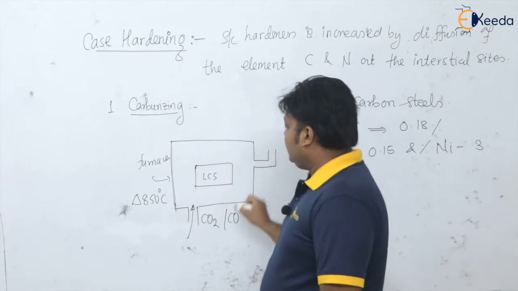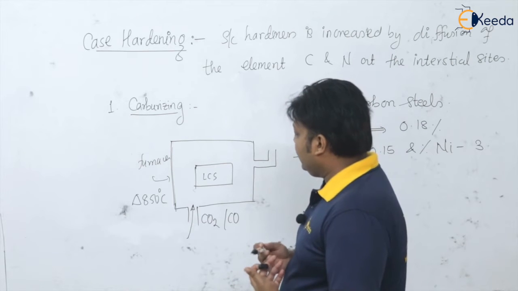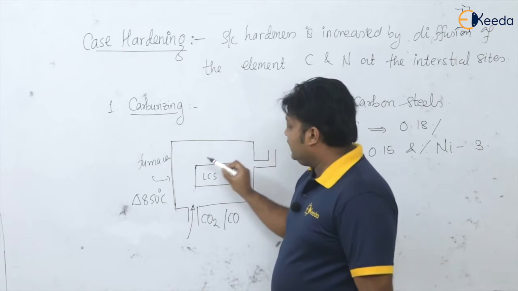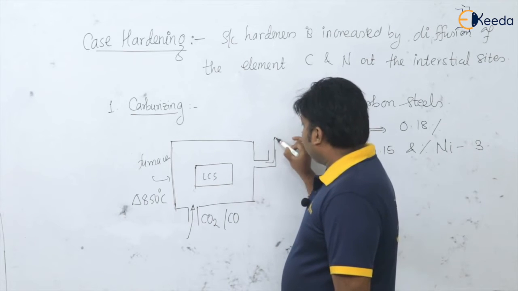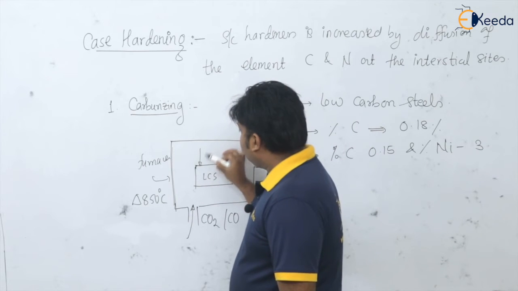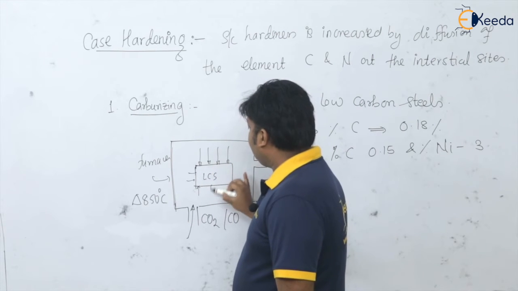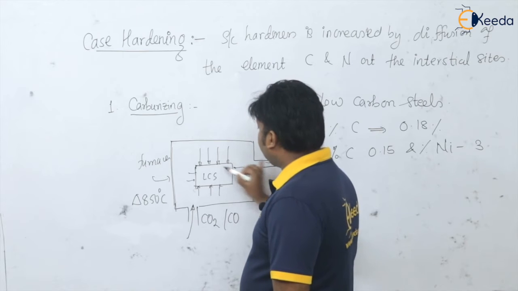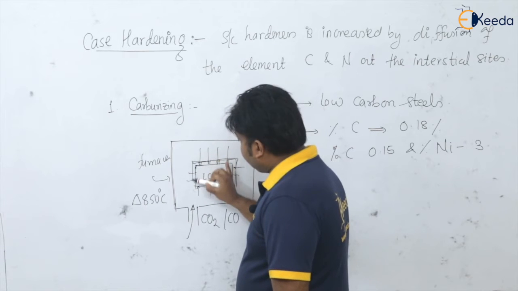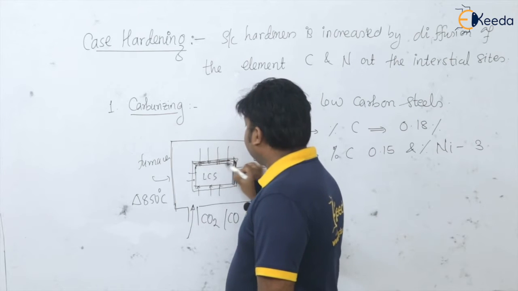At this high temperature, the CO2 or carbon monoxide decomposes, that is, it gets reduced. By the reduction process the carbon atom gets separated and the oxygen comes out, and this reduced carbon penetrates onto the surface of the low carbon steel specimen, up to a certain depth.